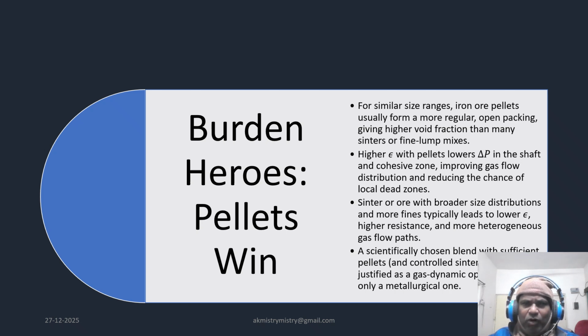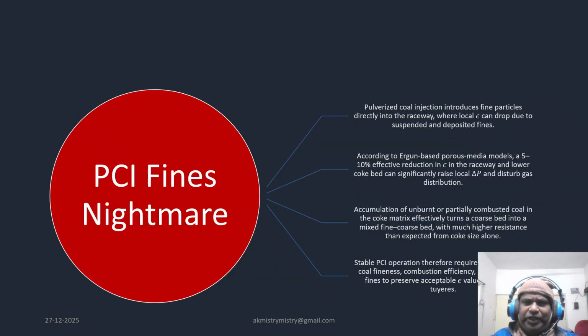Next we look at what happens when we inject very fine coal into this system. Pulverized coal injection sends a cloud of fine particles into the raceway. Some coal burns, but some unburned or partially burned fines can lodge in the coke bed, effectively reducing the local void fraction around the tuyere zone.